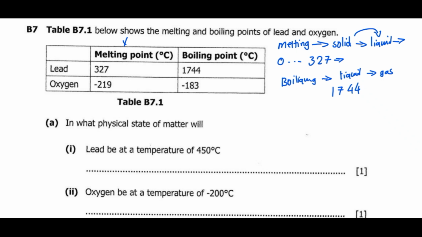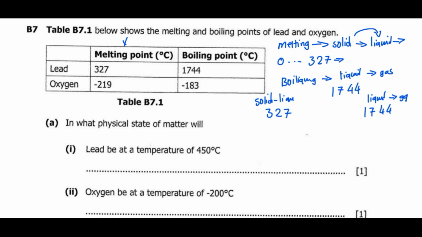So now let's analyze this. 327 is the change from solid to liquid. Then 1744 is the change from liquid to gas.